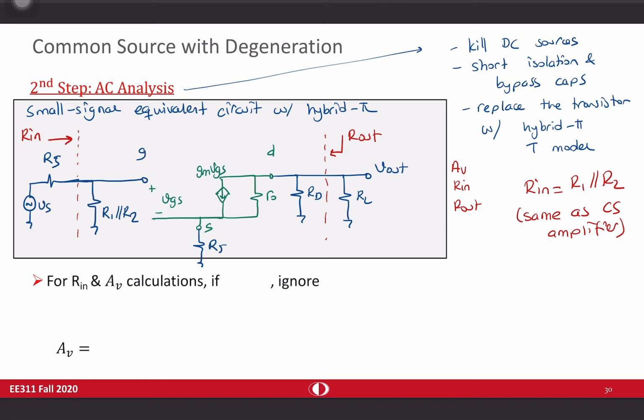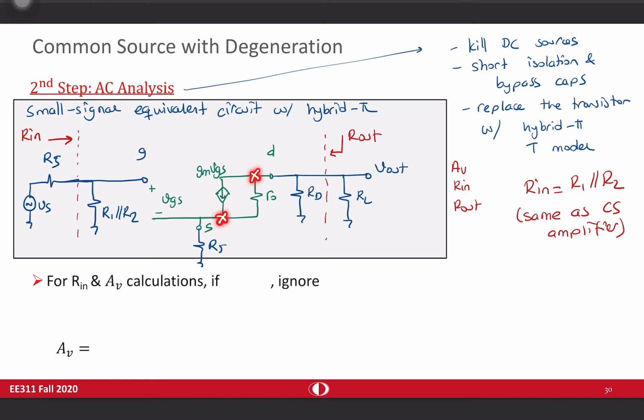Let's find AV. When finding AV, I told you that you can do it in two steps. You can write first Vout divided by VGS, then VGS divided by Vs. But our job is not as easy as the previous one because now one end of R0 is not grounded.